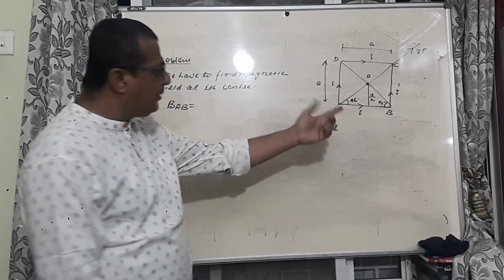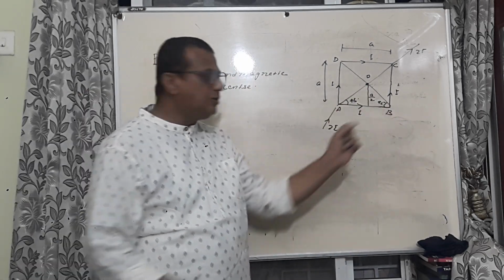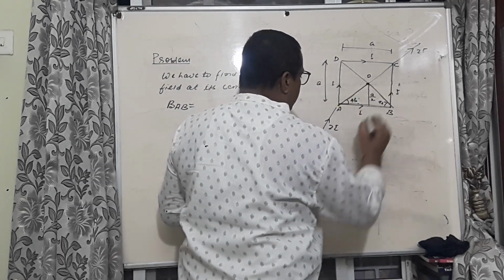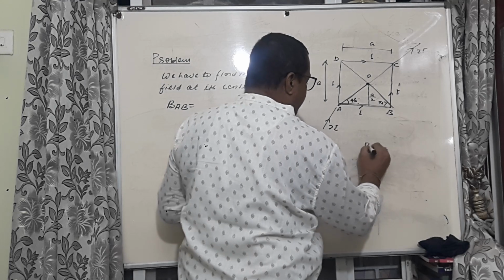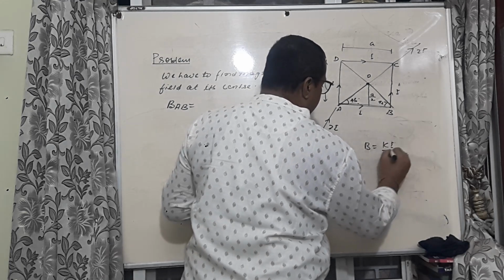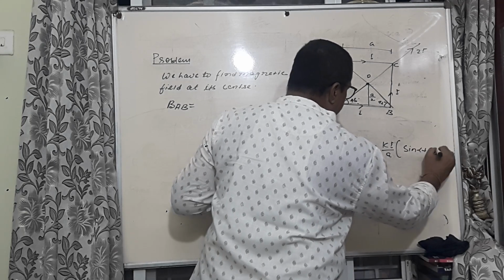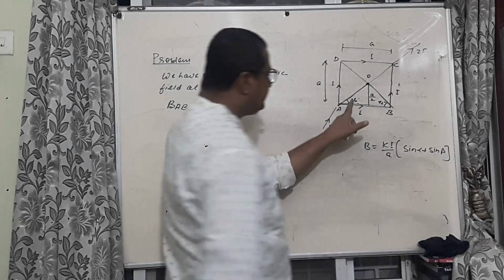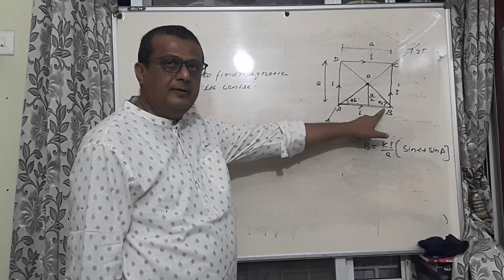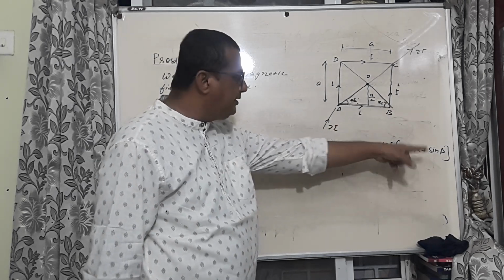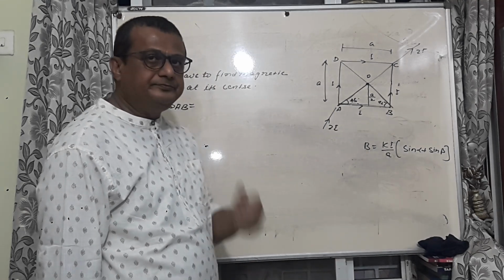So we use the formula for the finite wire. We have the formula for a finite wire: magnetic field equals Ki by A, sin alpha plus sin beta. This angle is alpha and this angle is beta. So we will take 45 degrees for alpha and 45 degrees for beta.